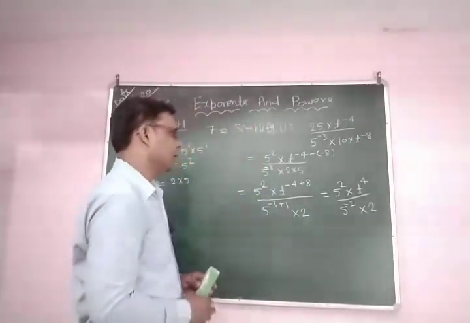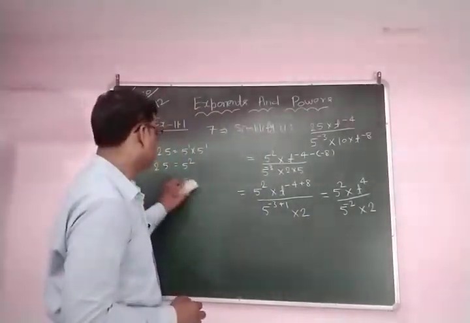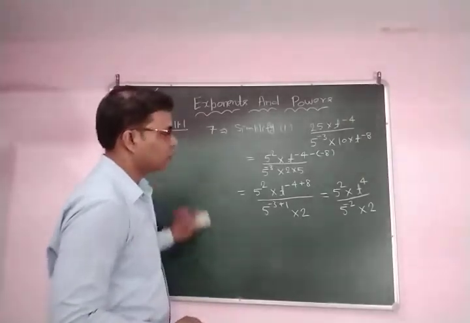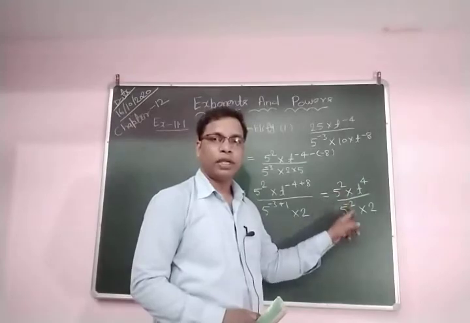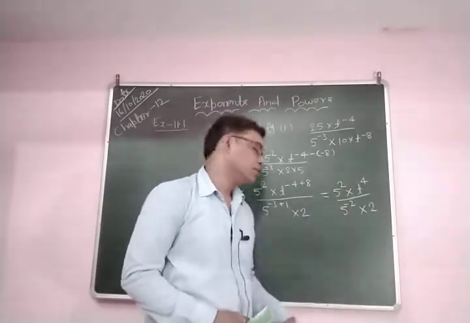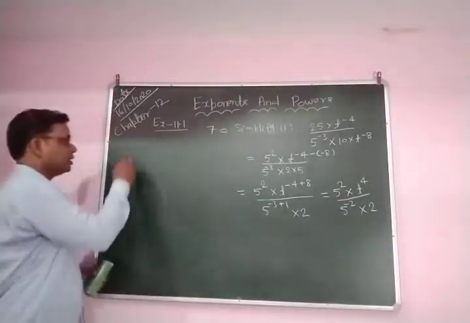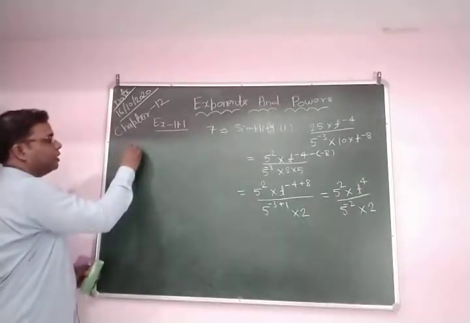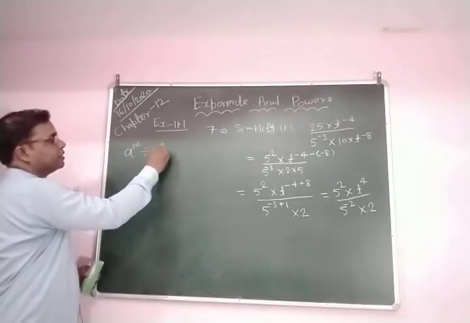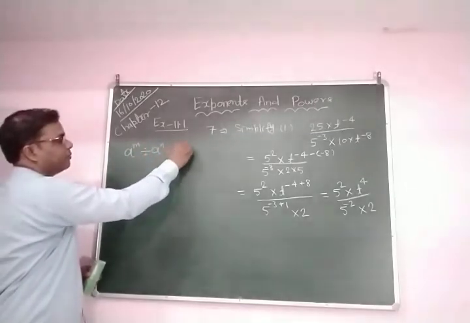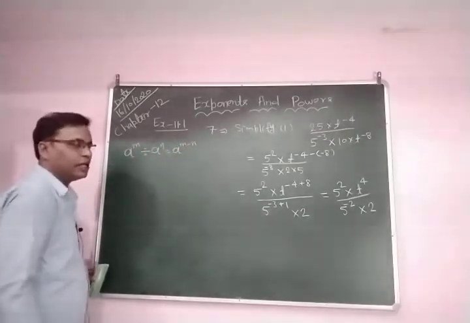This is clear. Now here you can see 5 power 2 divided by 5 power minus 2. You know very well this law of exponents we can use here: a power m divided by a power n is equal to a to the power m minus n. This is clear.